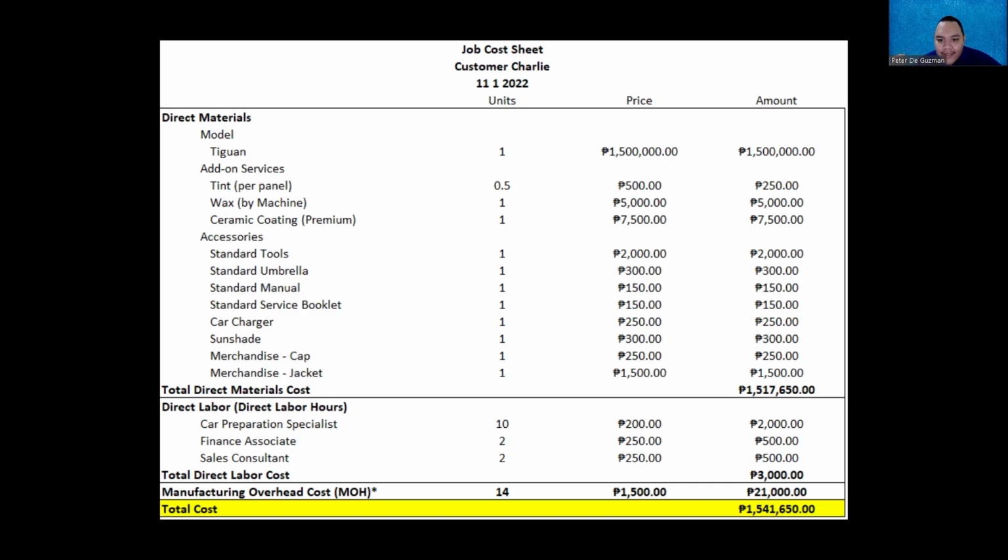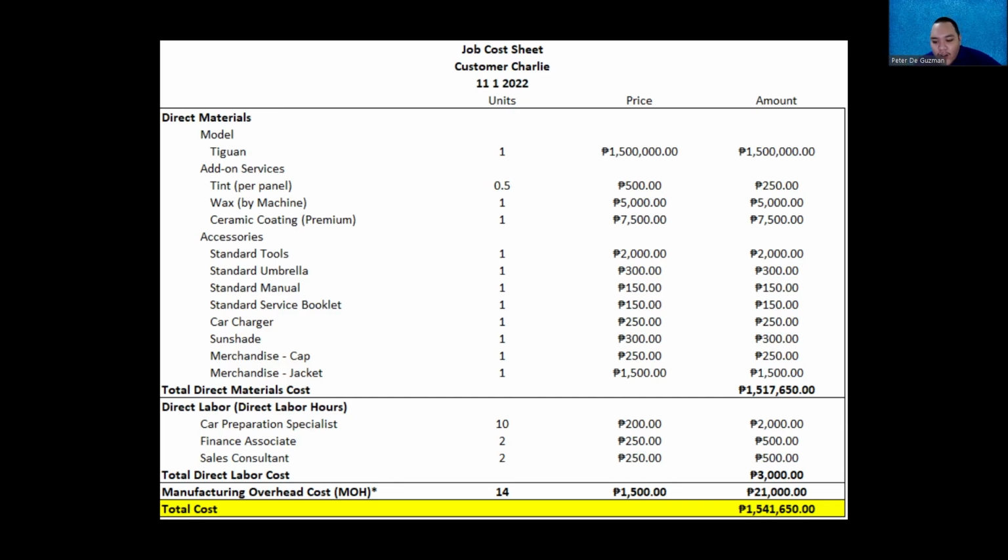So he probably arrived at the dealership, handed the cash, or maybe a manager's check, and waited for the confirmation of the validity of the check, for the check to clear, basically. And the sales consultant probably discussed certain terms and conditions, and probably oriented customer Charlie about the ins and outs of the vehicle. And that's essentially 2 direct labor hours for the sales consultant.